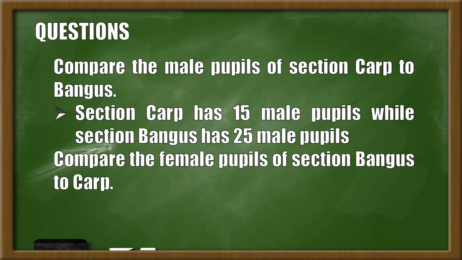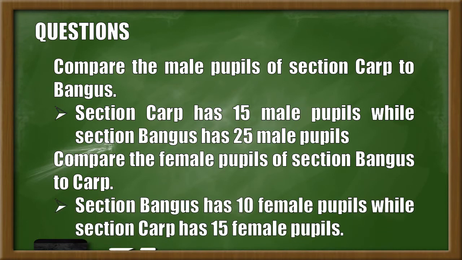Compare the female pupils of section bangus to carp. Very good! Section bangus has 10 female pupils, while section carp has 15 female pupils. Good job! Okay? Write your score at the top of your notebook or paper. Good job!